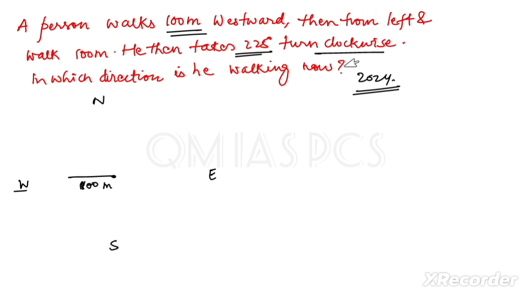Okay, then turns left. What is left? From this side direction, left is this one. So he turns left and walks 100-meter. That's why I'm taking this distance, and this distance is almost the same. This is 100-meter. He then takes a 225-degree turn in clockwise direction.